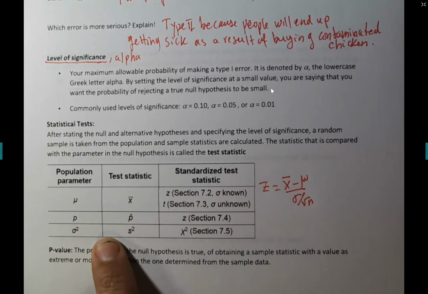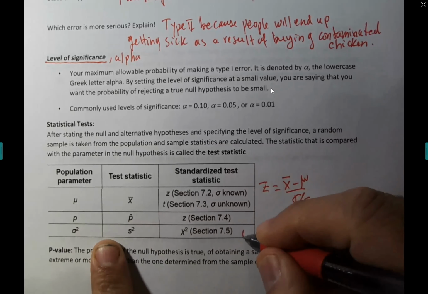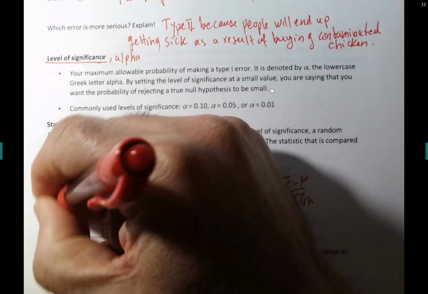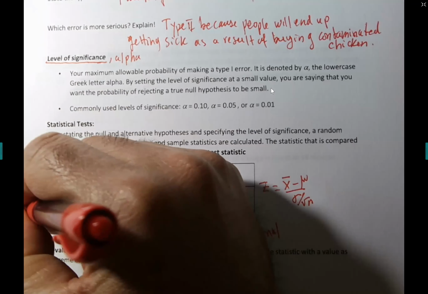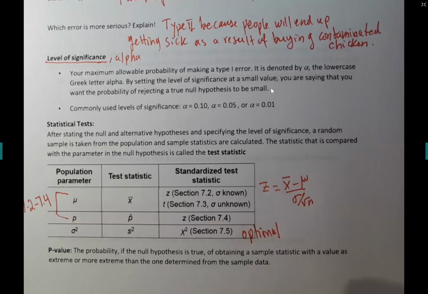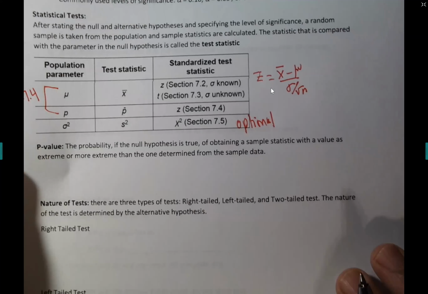I'm going to send you an explanation of this section via email, and if you do the exercise that I'm asking you to do, you will get extra credit. So that's going to be optional. My focus is going to be on these two, and these are going to be the highlight of section 7.2 to 7.4. I think you've seen that in the video yesterday.